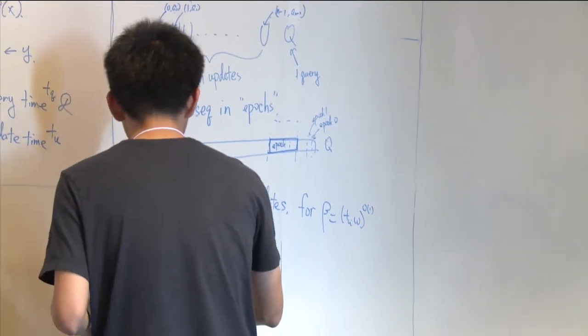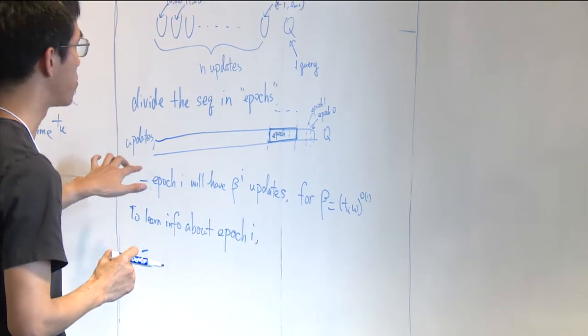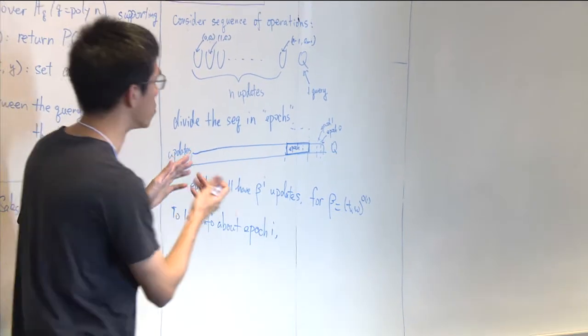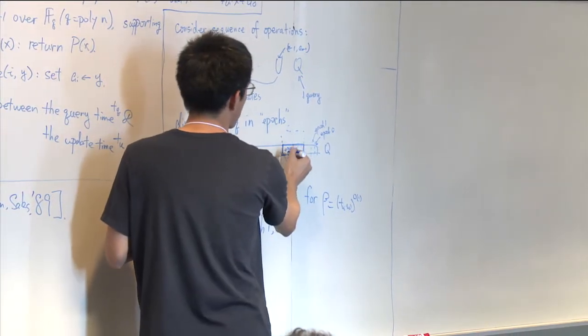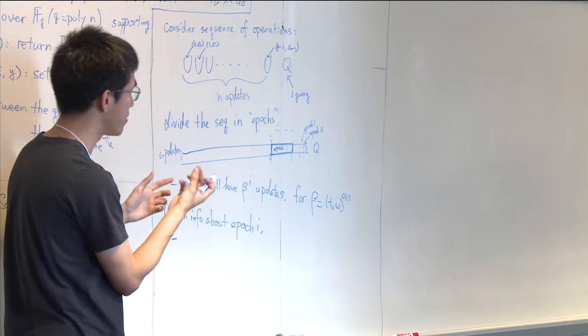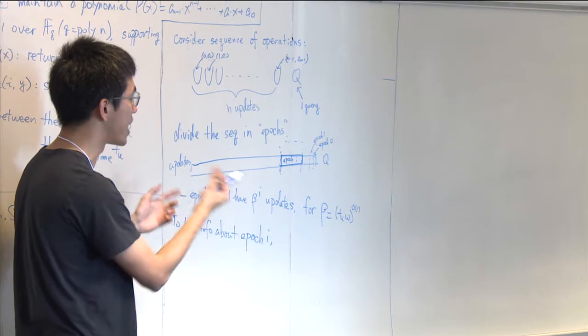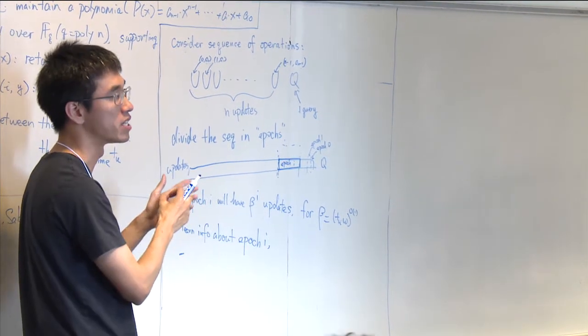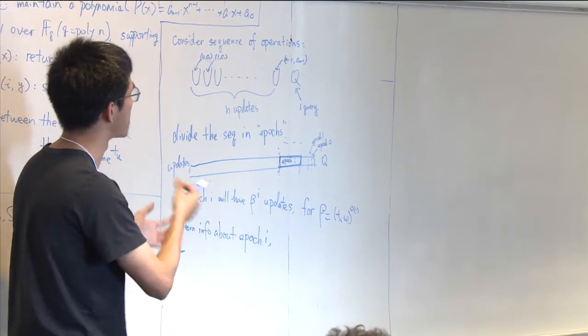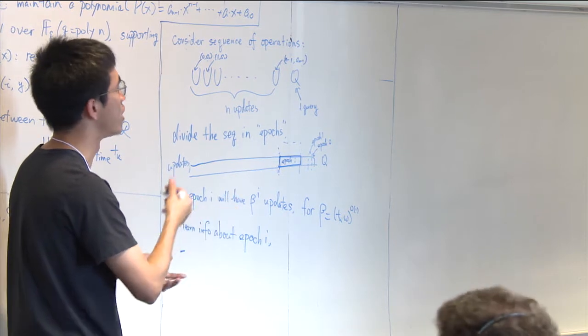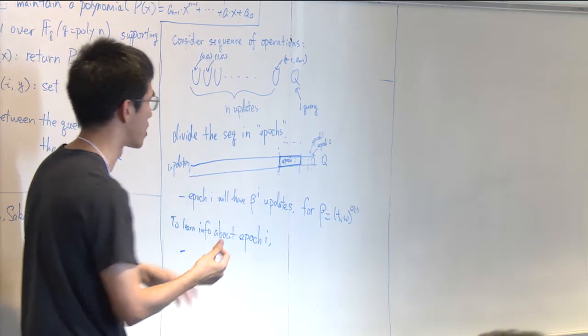So first, if a cell has not been updated or has not been probed since the beginning of this epoch, then probing those cells will not give you any information about what has happened in epoch i, right? Because the last time those cells were updated, you have not even seen the updates in epoch i yet.